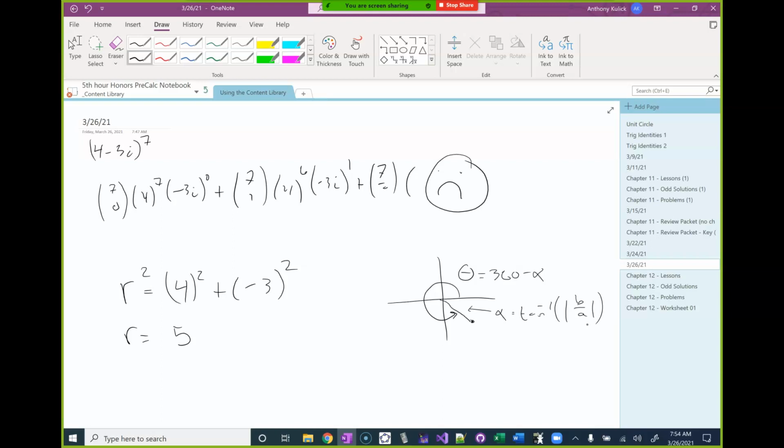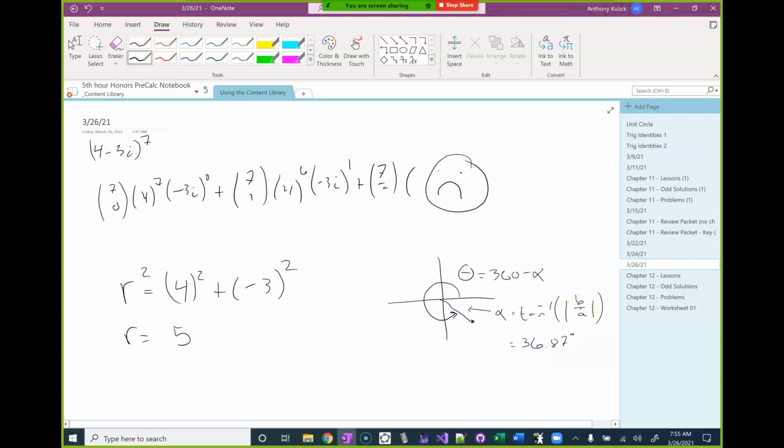So if I go to my calculator and I type that in, I think that's 53 and change, but let's double check that. Tan inverse of 3 over 4 is, oh, it was the other one. It was the complement. 36.87 degrees.